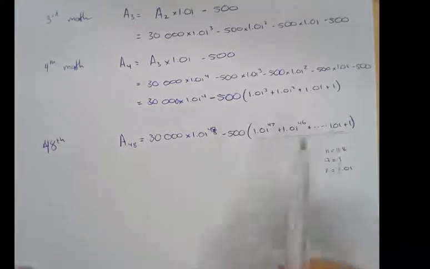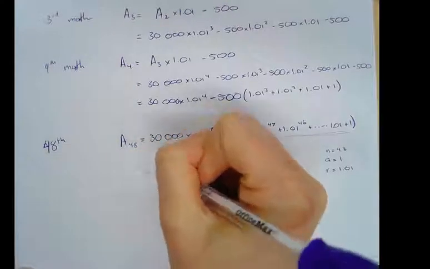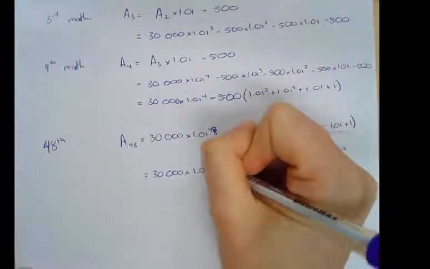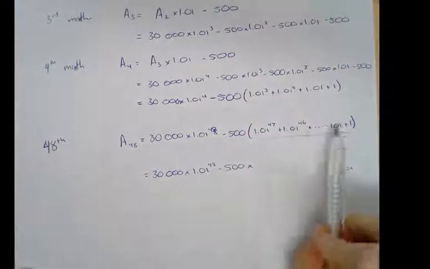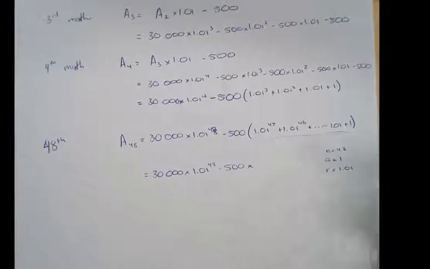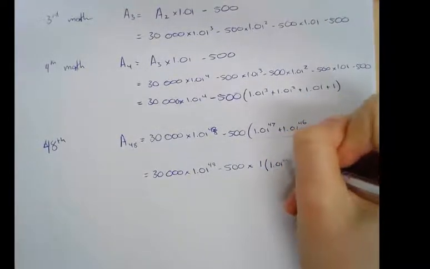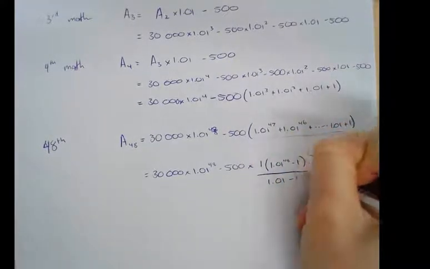So we can find the sum of this, which means this whole thing is going to simplify to 30,000 times 1.01 to the power of 48 minus 500 times, and now we're going to use our sum of geometric series formula. So we're going to have 1 outside of 1.01 to the 48 minus 1 over 1.01 minus 1.